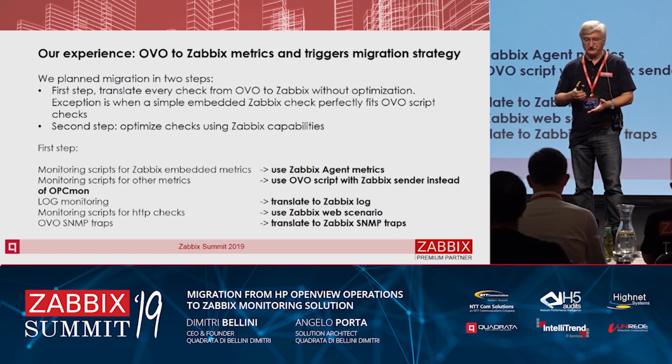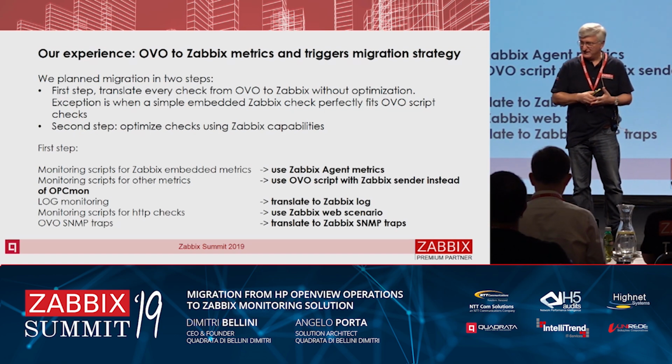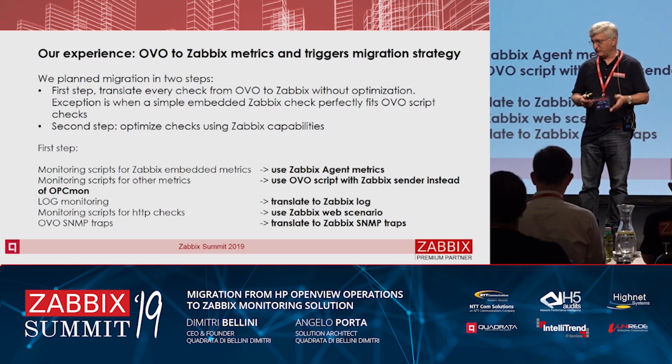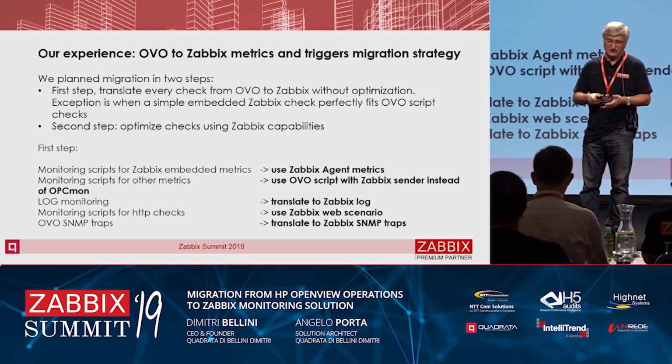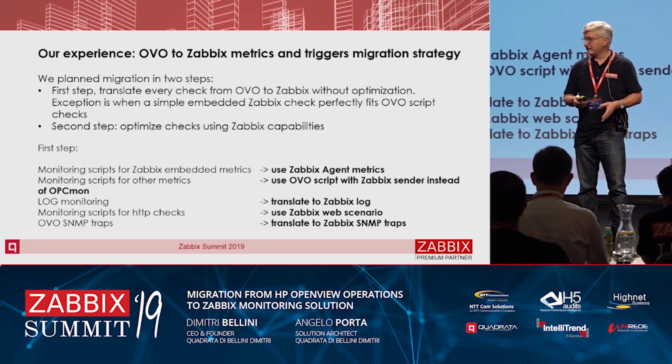For instance, for the swap space, we did not translate the script, but we used Zabbix functionalities directly. In other cases, we needed to integrate the script. For the log monitor, we used the log monitor directly.